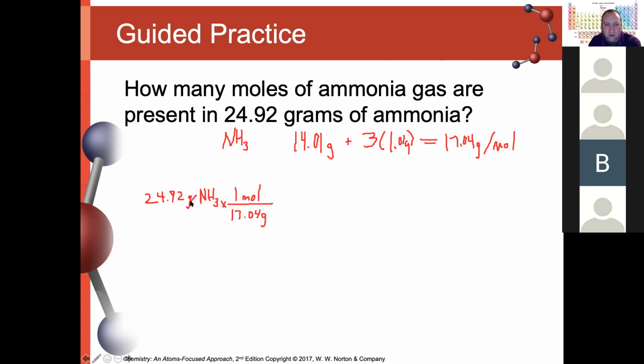And so now I can see my grams are going to cancel. 24.92 divided by 17.04, I get 1.462.